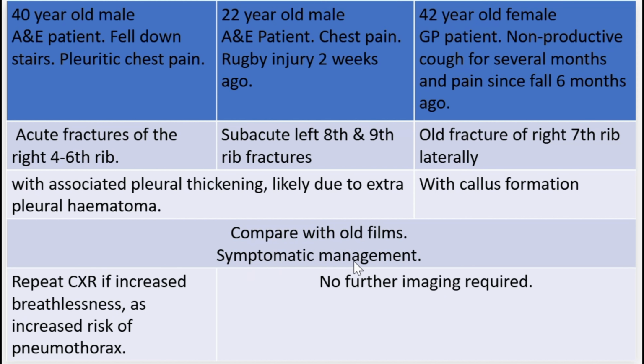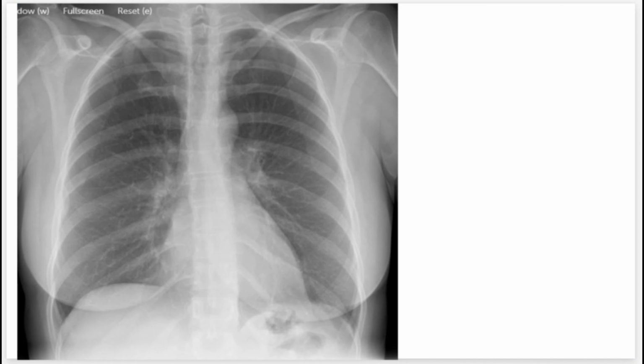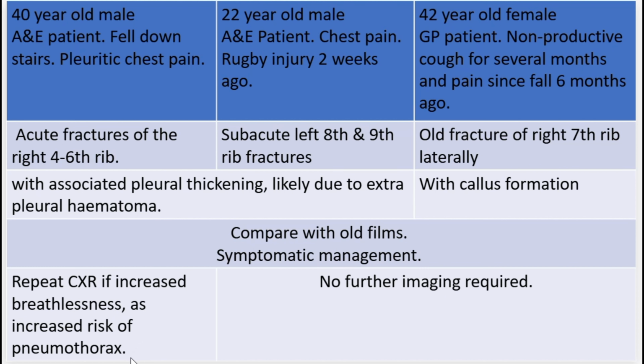So symptomatic treatment is recommended here for the chest pain, but no further imaging required because this rib has already started healing by the callus formation, so there is no risk of pleural injury. So repeated chest X-ray is not required here. No further imaging required.